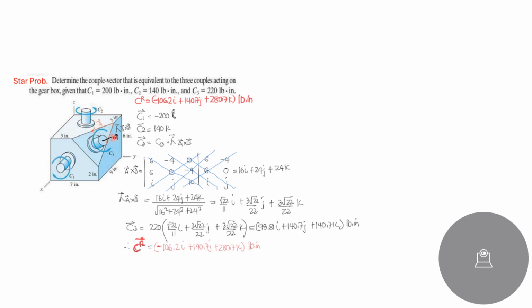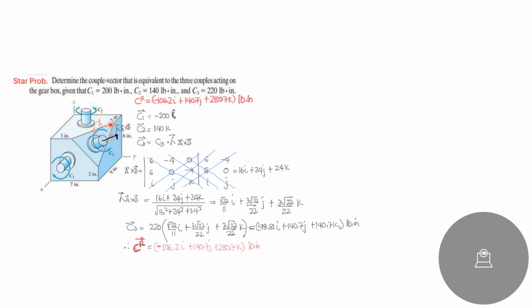Then the vector form of this couple is its magnitude times the component of C sub 3 along this perpendicular axis. It is equal to the magnitude of C sub 3, which is treated positive because if your right thumb is directed in that direction, the curling of your forefingers would be the same sense here.